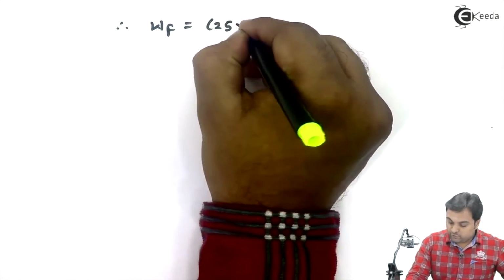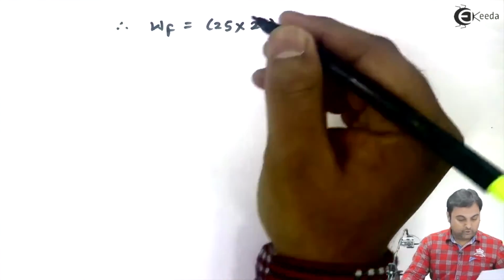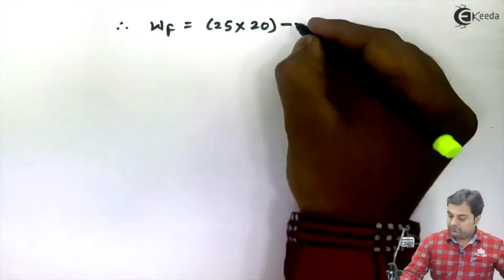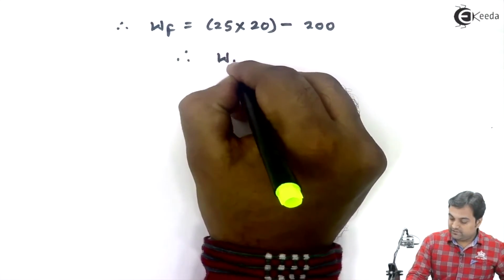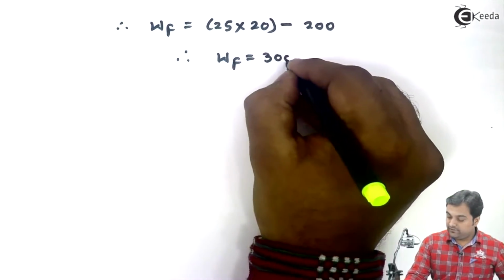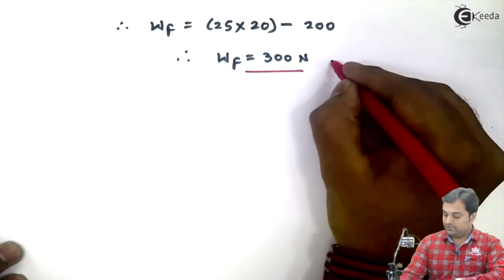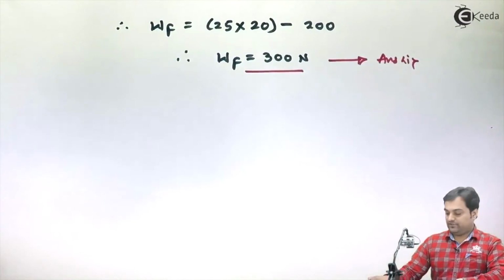So 25 into VR value, it is 20 given, minus load, which is 200 Newton given in the problem, minus 200. So from this I will get load lost in friction, and my answer is 300 Newton. That's the first part of the question which has been solved. Answer number 1, load lost in friction.